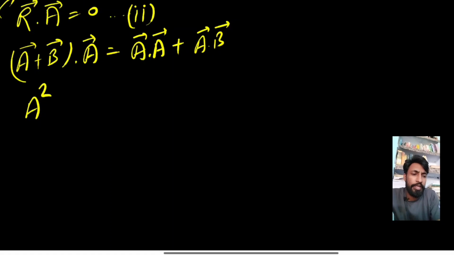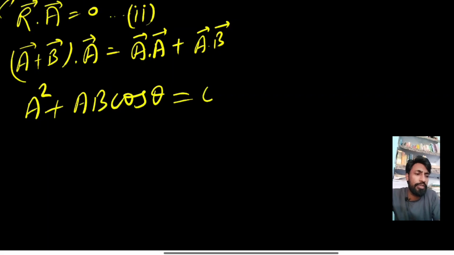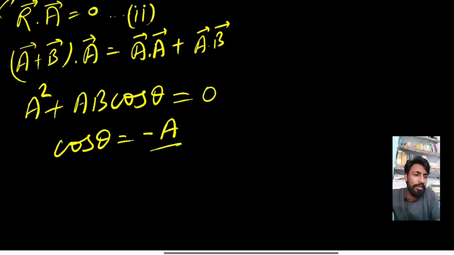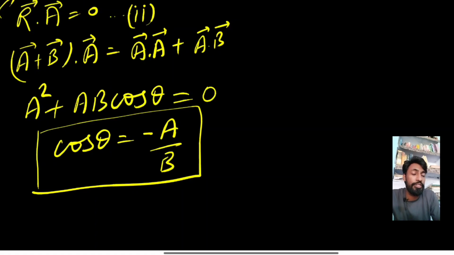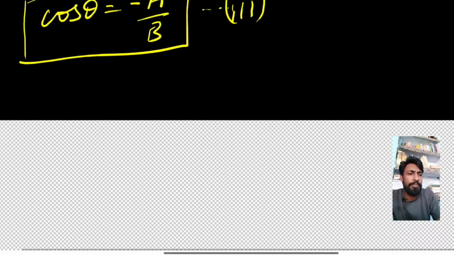So we get A squared plus AB cos theta equals 0. By rearranging this we get cos theta equals negative A over B. This is the value we are going to use further on. I call it equation number 3, and let's move ahead.